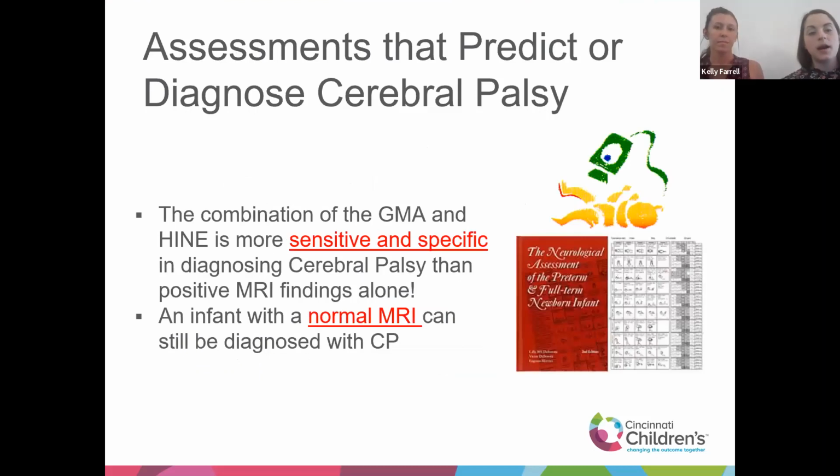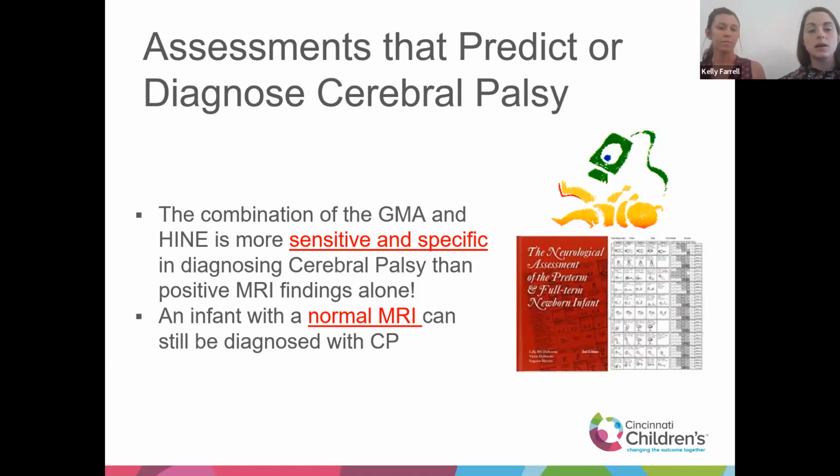So I do want to highlight that the combination of that GMA assessment and the HINE is actually more specific in its ability to diagnose cerebral palsy than what we call a positive MRI by itself. When I say a positive MRI, I'm noting that there is something wrong that we're seeing on the MRI image.